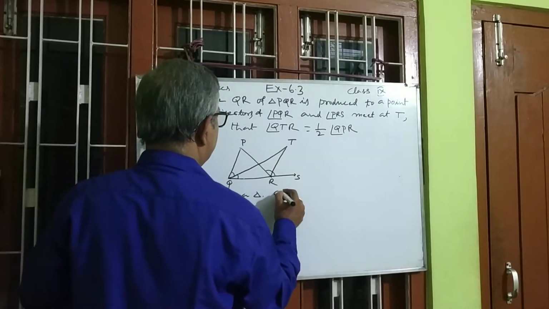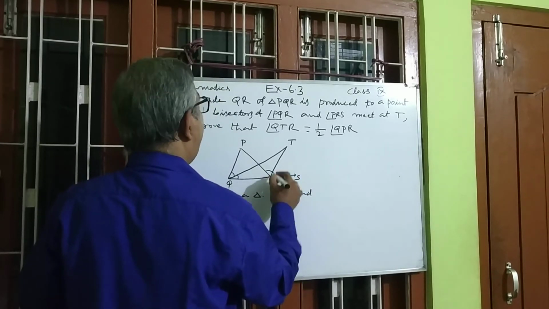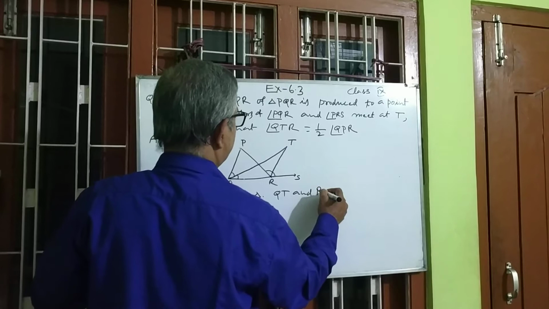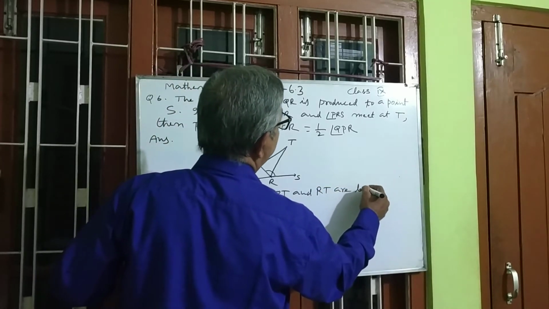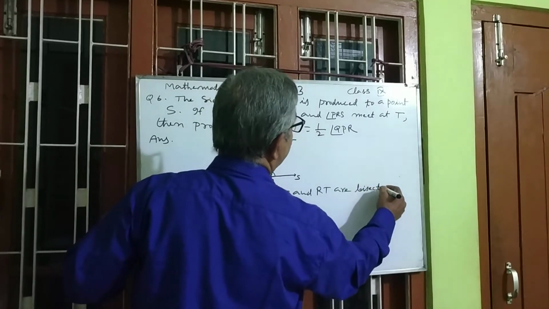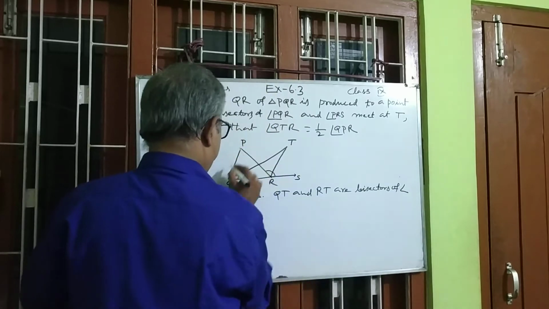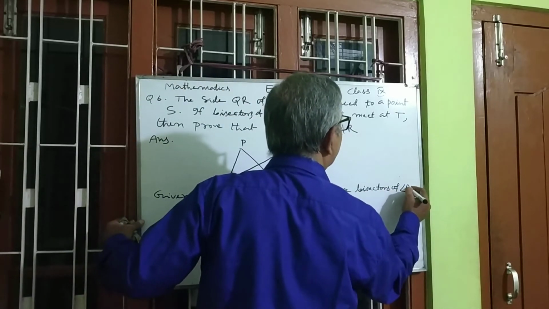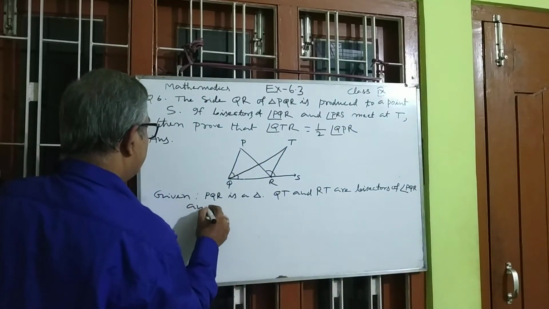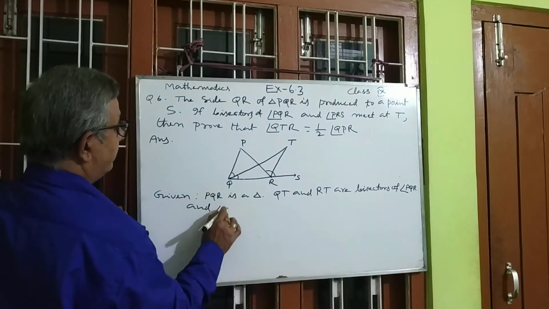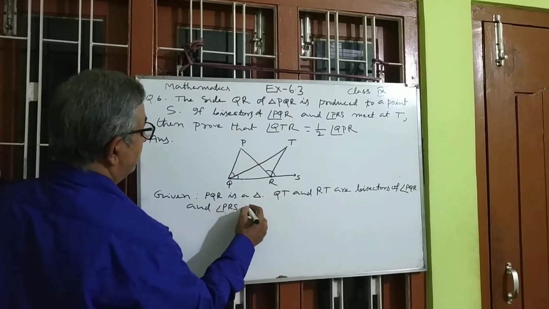QT and RT are bisectors of angle PQR and angle PRS respectively.